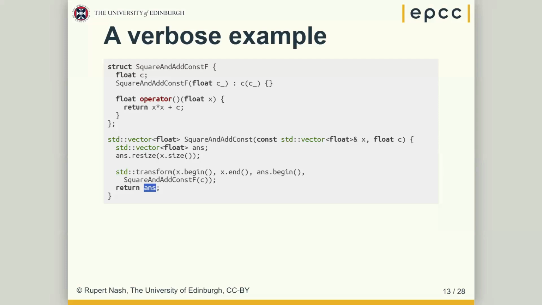To do that, I'm going to call standard transform, and it's going to take my input's start point and the input's endpoint. It's going to have the answer location, which is this new vector, which we're going to resize to make sure it's the same as our input, because we've got the same number of elements output after this transformation. And then we're going to have to provide some square-and-add-constant function to do this operation.